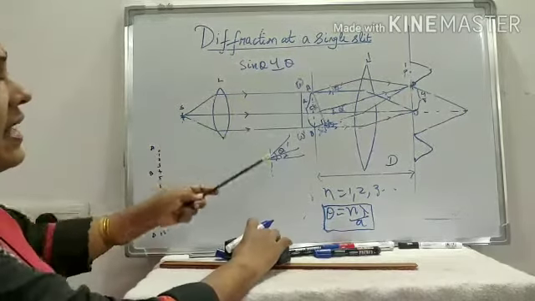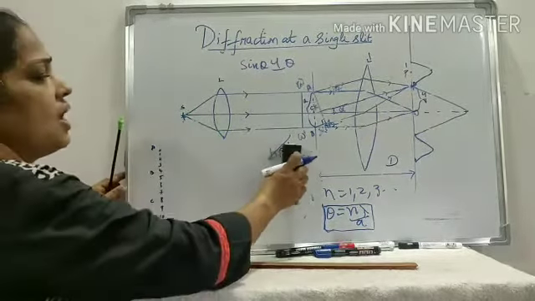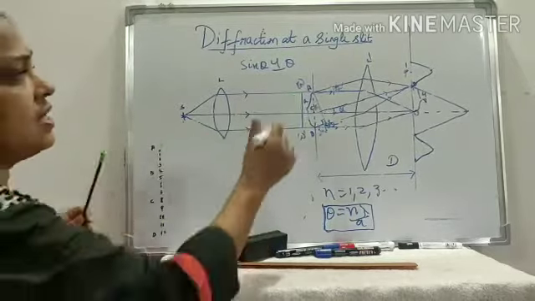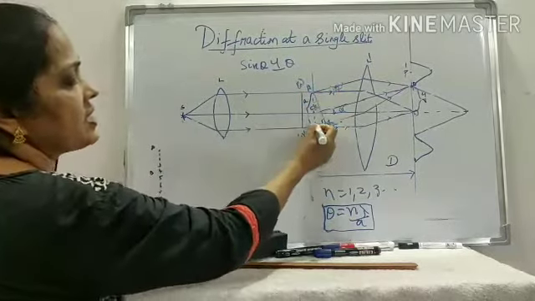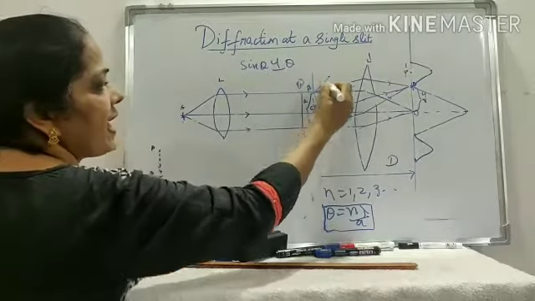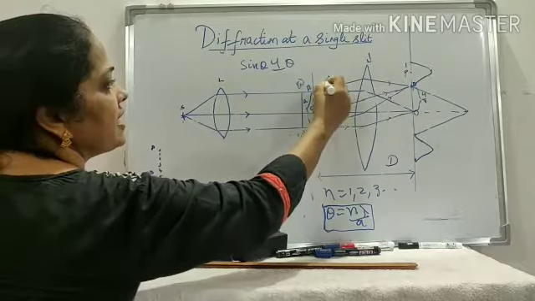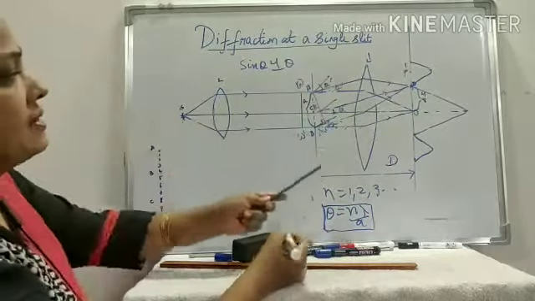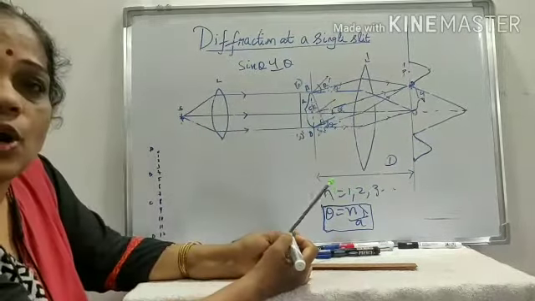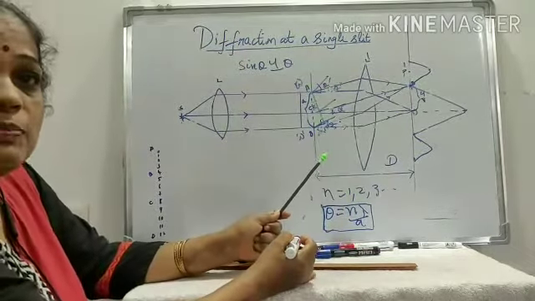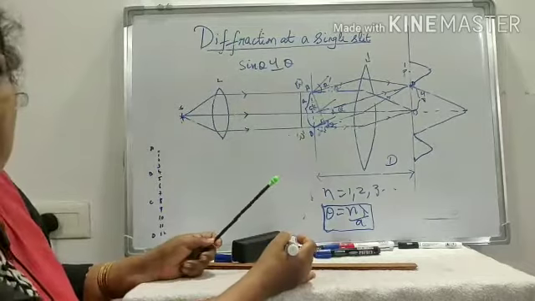So what happens to the path difference between the extreme wavelets? For theta, the path difference was lambda. If I increase the angle of diffraction to theta dash, will the path difference increase or decrease? It has to increase. The path difference between the extreme wavelets will increase.